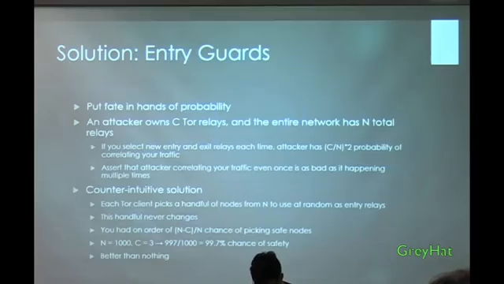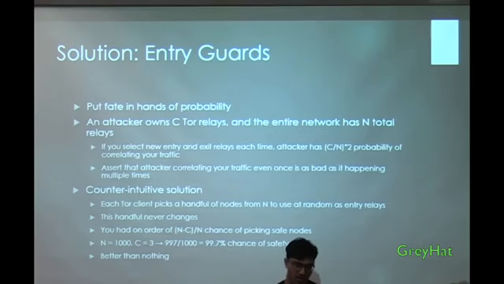So what the Tor community has done to counteract this is introducing something called entry guards. It basically boils down to just using probability to assure the user that they're most likely going to be secure or anonymous when they visit these websites.